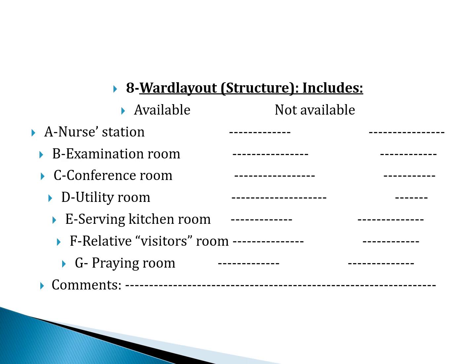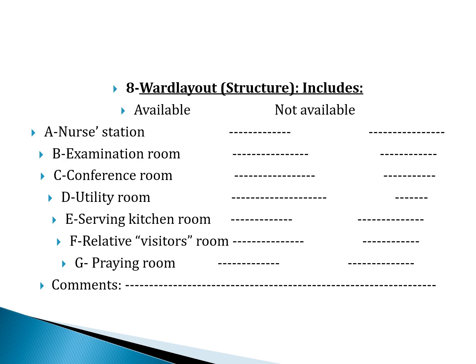Item number 8 in unit assessment, ward layout structure, includes this, meaning that the unit should have these items in the structure. You can determine if these items are present or available, or not available, in the unit that you attend.